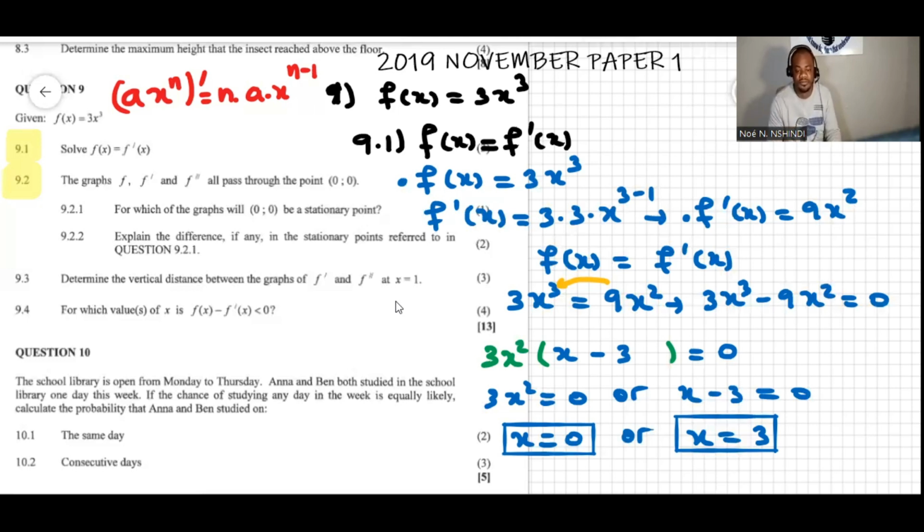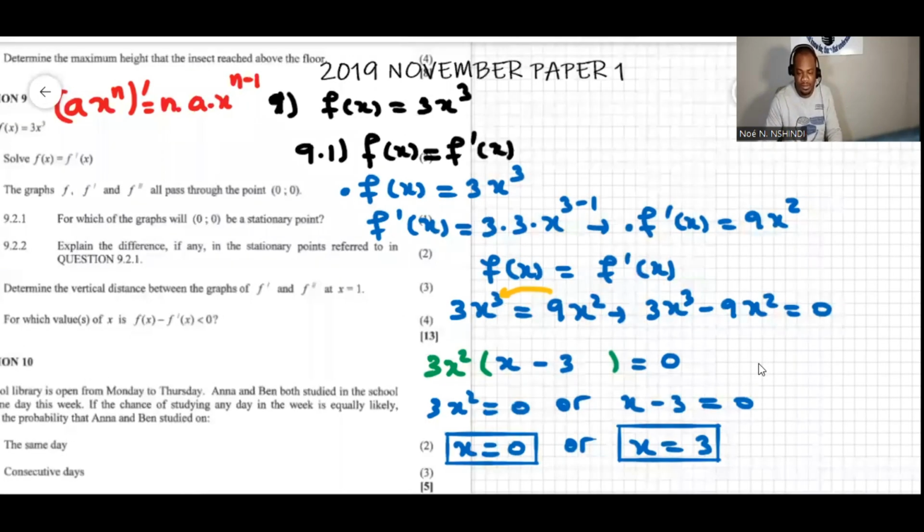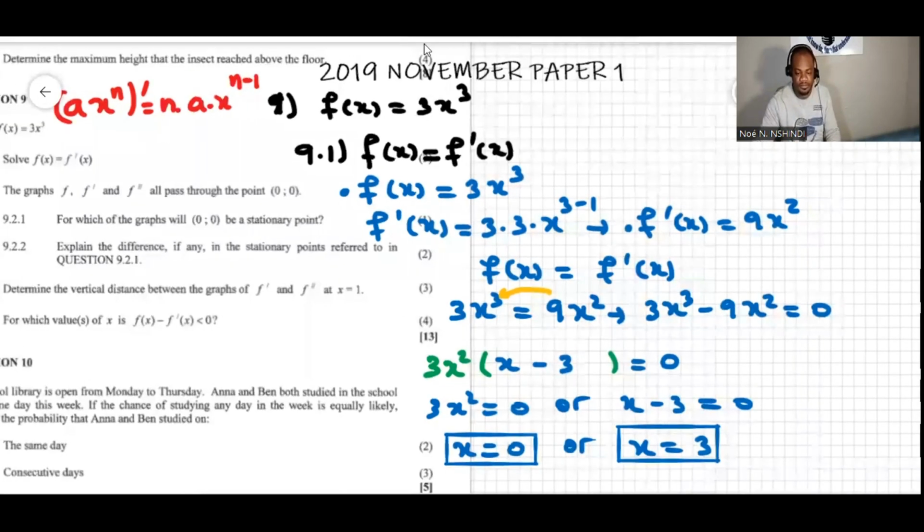All right, I'm going to move my board over here. We need to understand what a stationary point is. I'll say the stationary point is also a turning point. It has the same meaning.